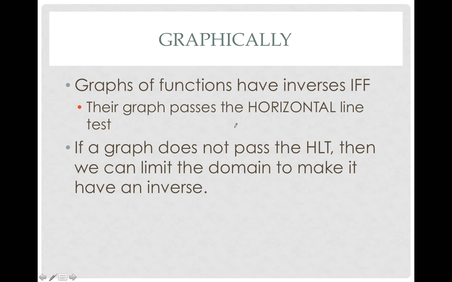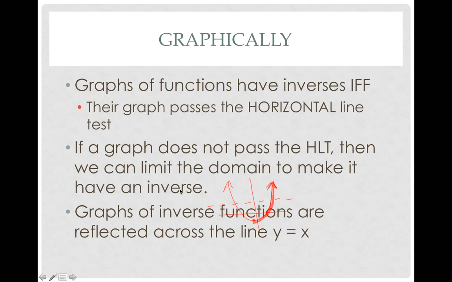But there are times when some problems, let's say this quadratic, does not pass the horizontal line test. So this would mean this particular function has no inverse on its domain, but what we can do is limit it, and let's say only the domain of these positive pieces here. If this was the only part of the graph, then it would have an inverse.